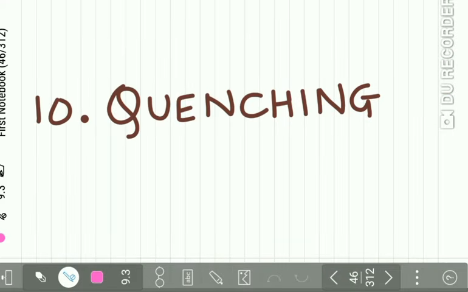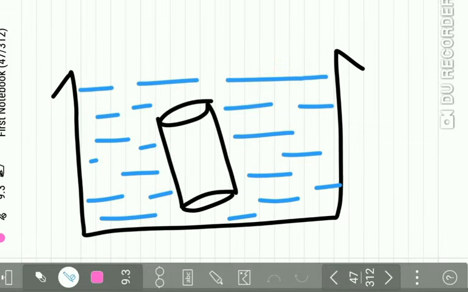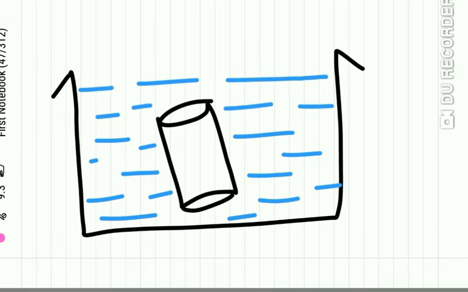Now, the next step is quenching. In quenching, the casting ring containing the alloy is immersed in water and it is left in water.